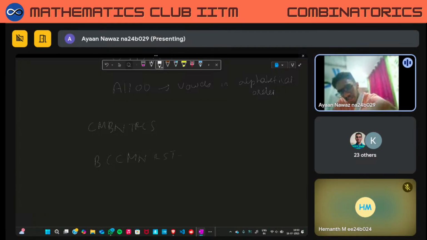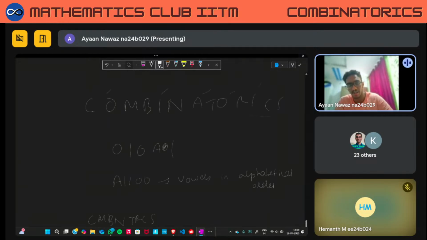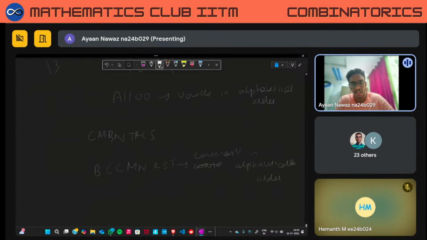These are consonants arranged in alphabetical order. Now, totally, combinatorics has 13 letters. So I'll leave 13 gaps.